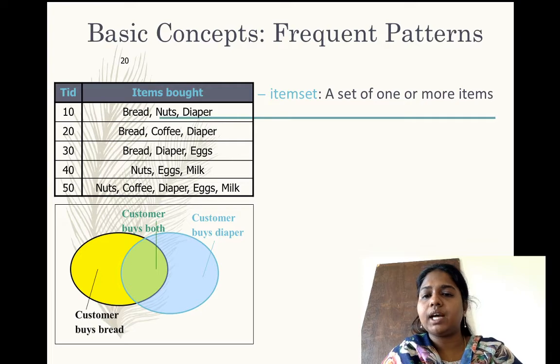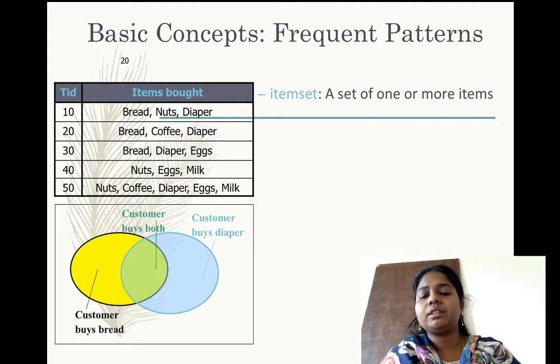To see that, I have to count all the transactions which have bread as one of the items bought in that particular transaction. I can see that transaction IDs 10, 20 and 30 have bread bought with them.